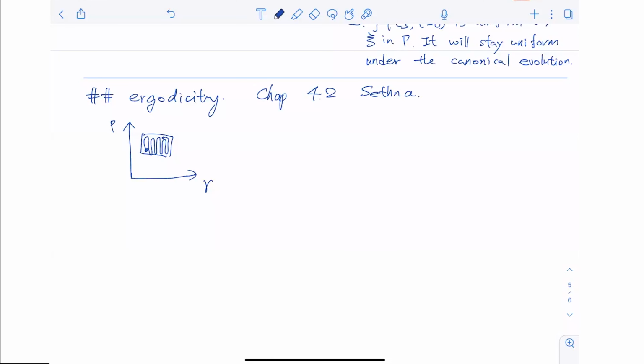But the point is that once a system is ergodic, you can show that the time average of your system is equal to the average over this volume gamma with a constant energy.